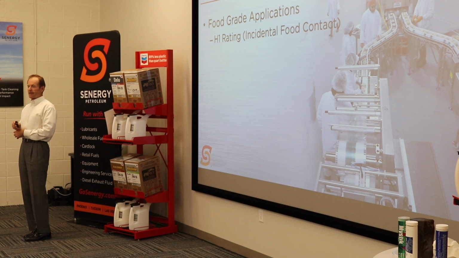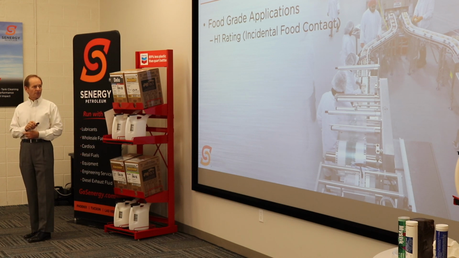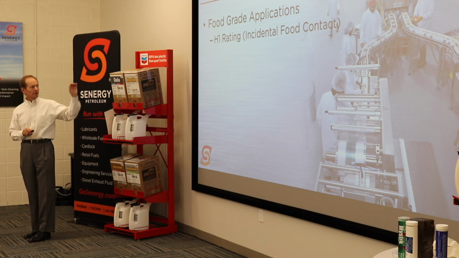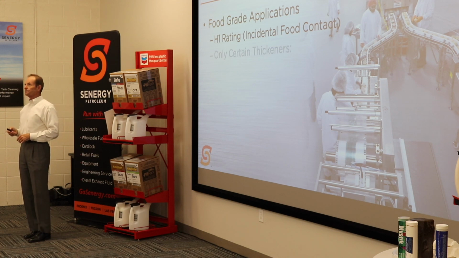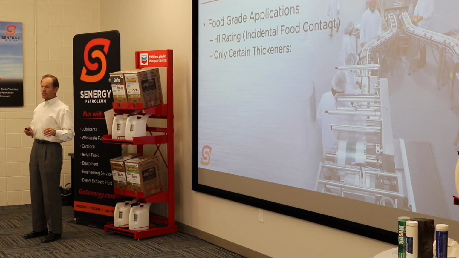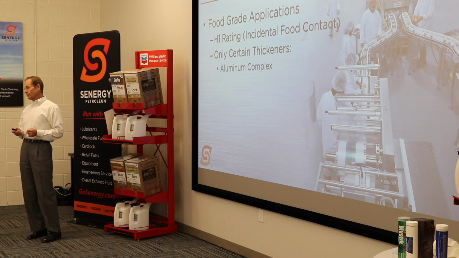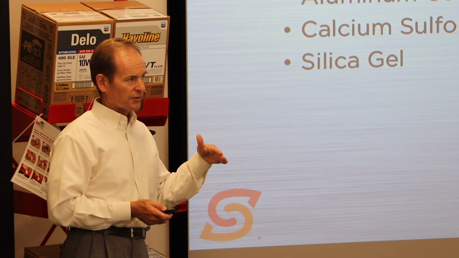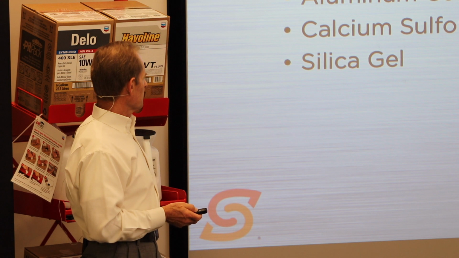It's not doing anything bad for anybody. So all lubricants used in food manufacturing plants have to be H1 rated. So that limits to only certain thickeners that can be used in our grease. That includes aluminum complex and calcium sulfonate complex and silica gel. And as I said before, usually they use a white filler, zinc oxide, to make it a white grease, give it a nice white color.